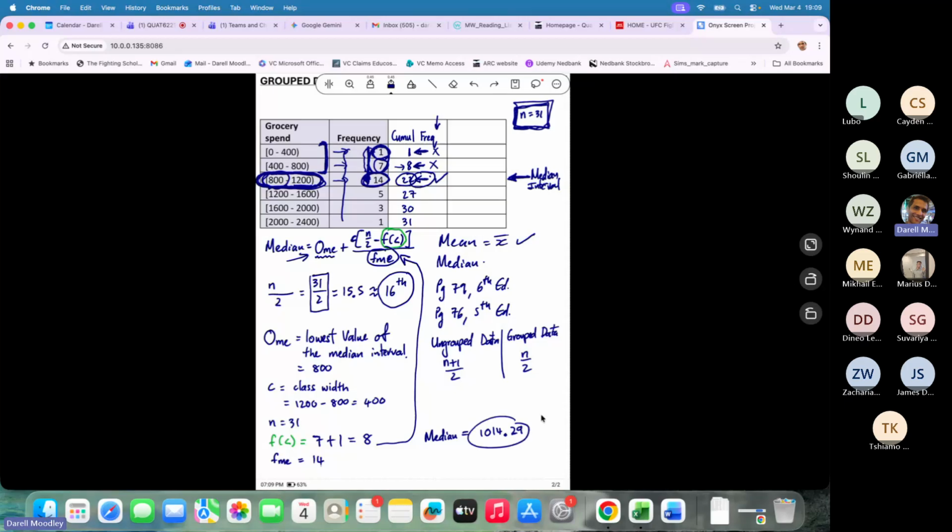So we would say 50% of shoppers or customers spend up to 1,014.29 cents on groceries.